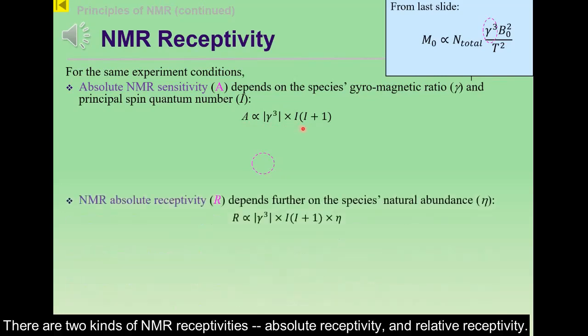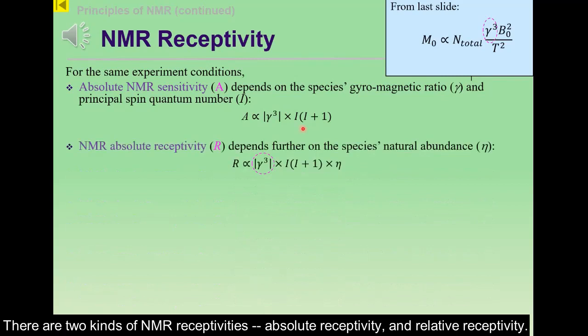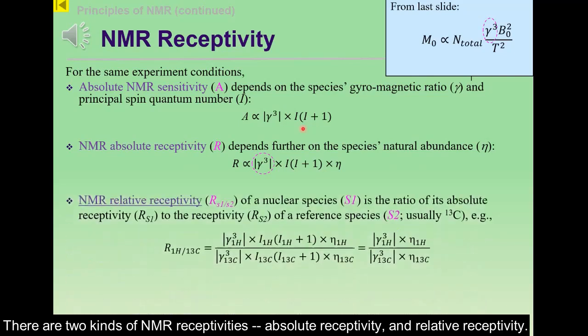There are two kinds of NMR receptivities: absolute receptivity and relative receptivity.